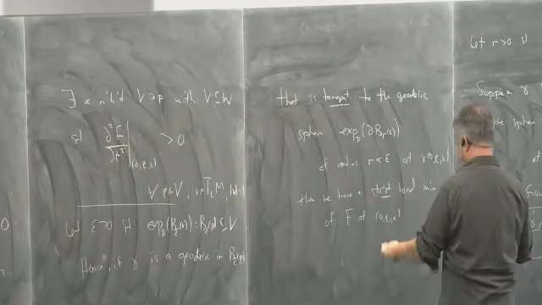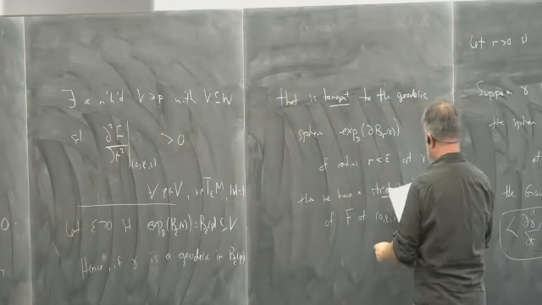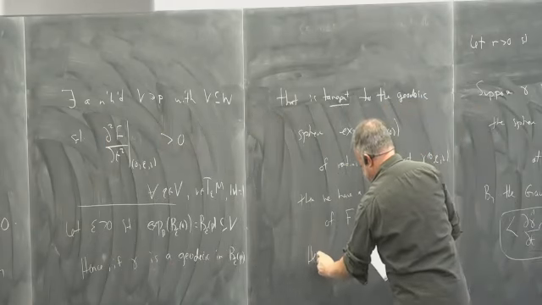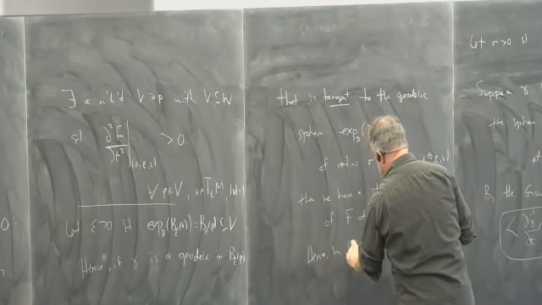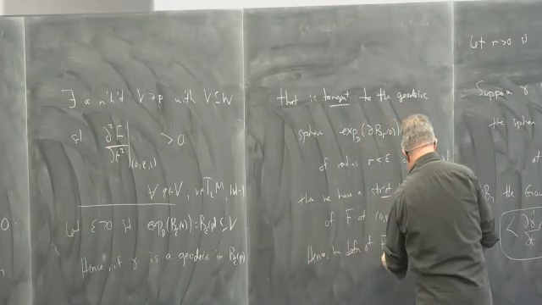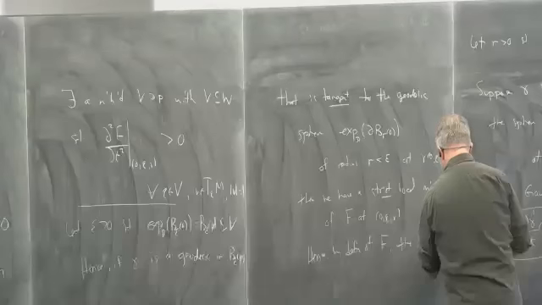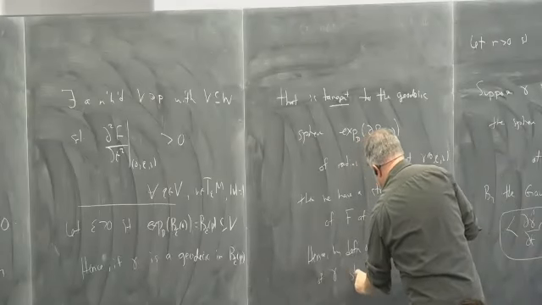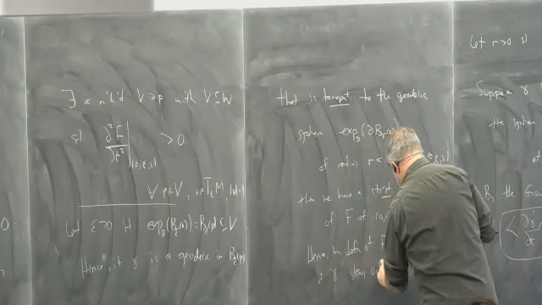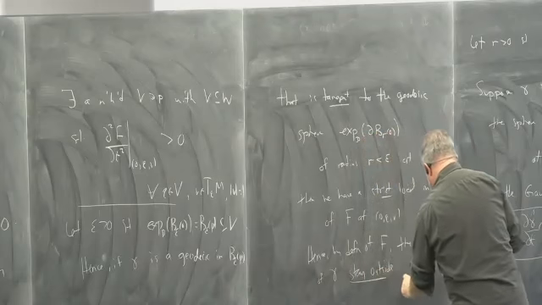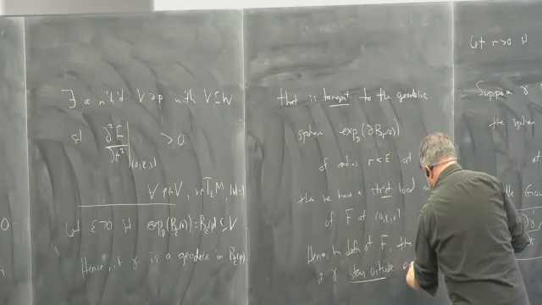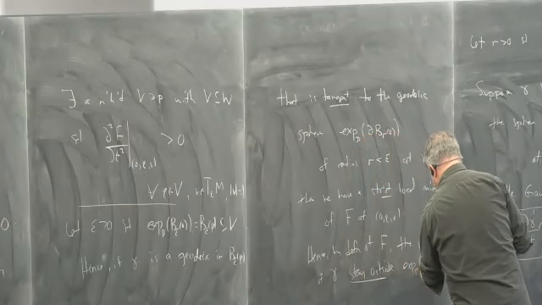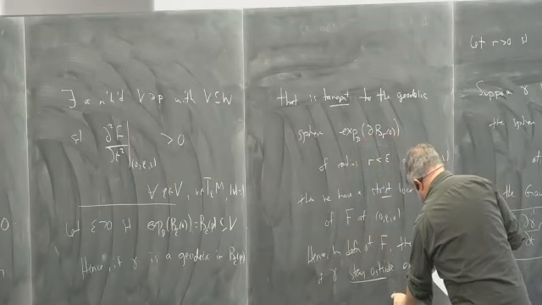The first derivative will always be 0, the second derivative will be positive, so it'll be a strict local minimum. Hence, by the definition of f, the points of gamma stay outside exp_p of B_r(0) near q.